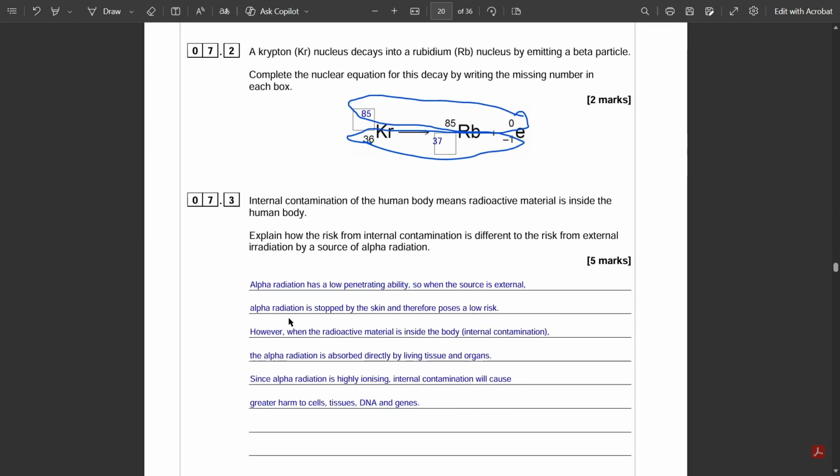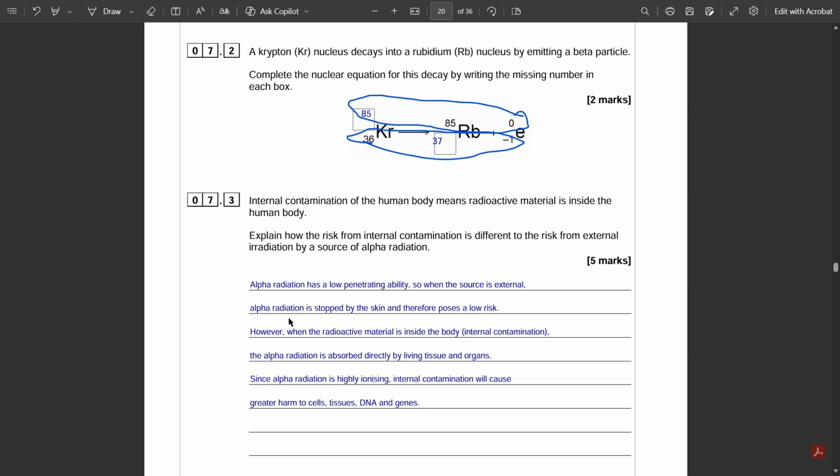Internal contamination of the human body means radioactive material is inside the human body. Explain how the risk from internal contamination is different to the risk of external radiation by a source of alpha radiation. So, basically, alpha radiation has a low penetrating ability, so when the source is external, it's stopped by the skin and therefore poses low risk.